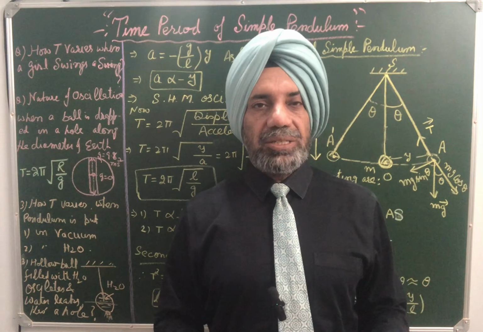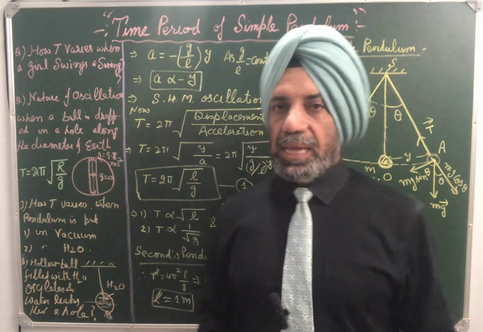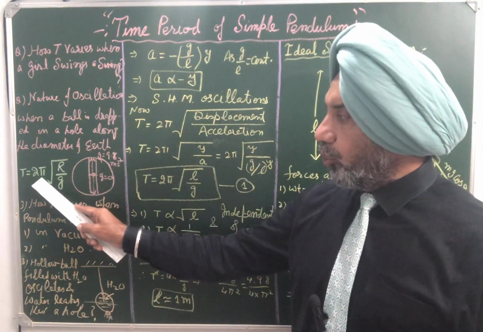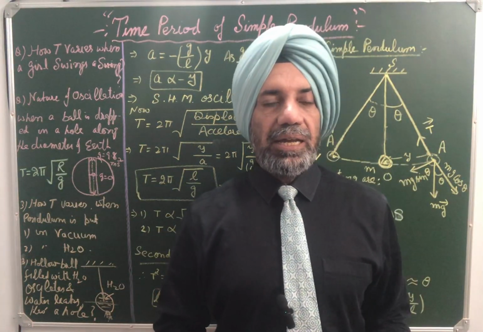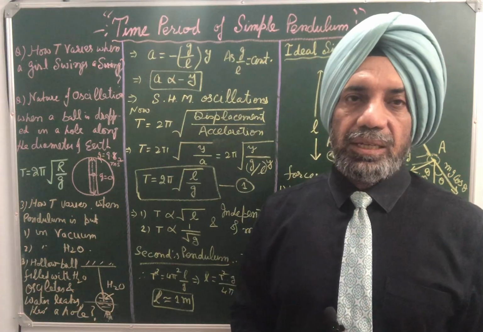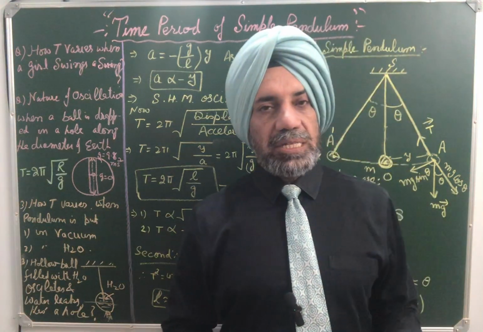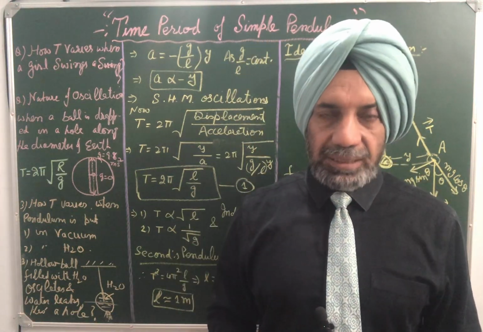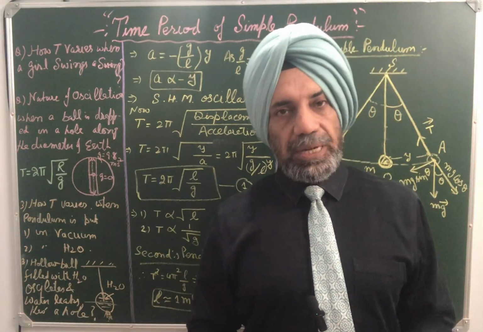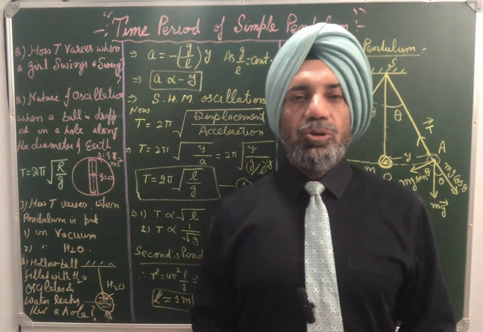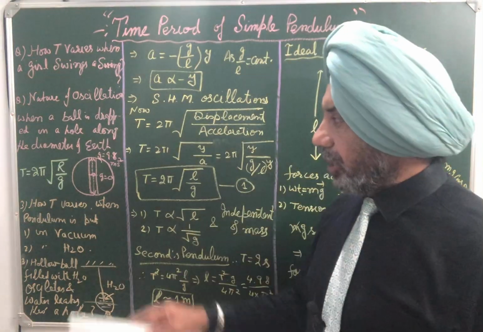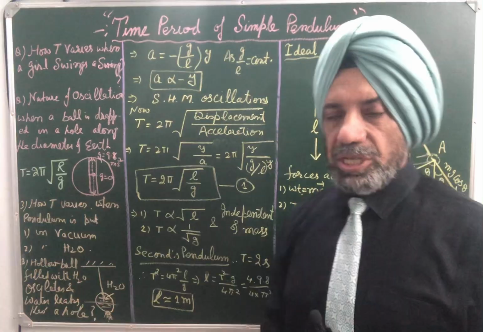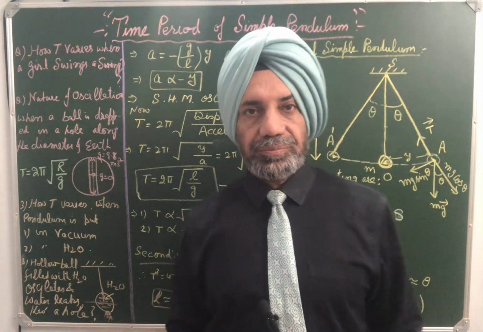The time period of oscillation will be equal to 2 pi under root R upon g. Instead of length L, we take the radius of the earth. So when a hole is dug along the diameter of the earth and a ball is dropped into it, it will execute simple harmonic oscillations whose time period is T equal to 2 pi under root R upon g. It's very easy.